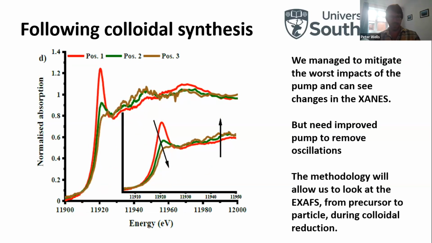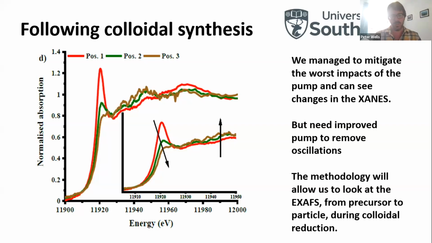And here we can see, as a function of the position from the inlet towards the outlet, the change in the precursor. So position 1 is right at the part where you have the mix-in, and then further along the reactor profile, you can see you're getting reduction of your gold chloride, you're going towards metal particles.